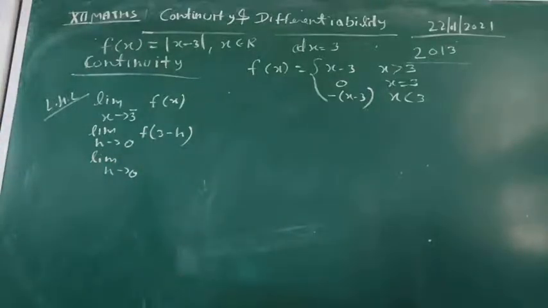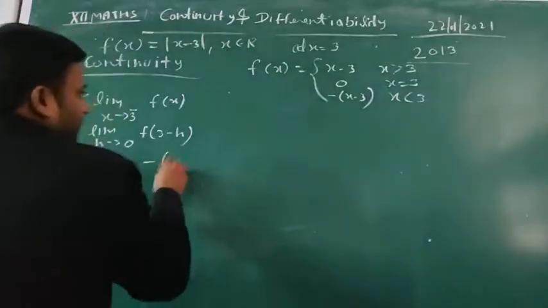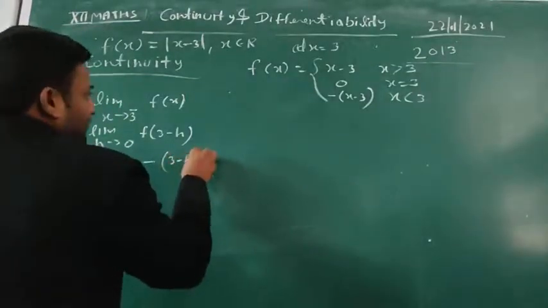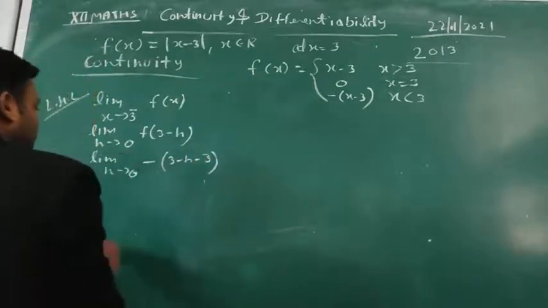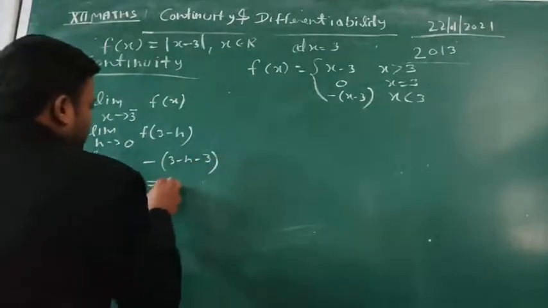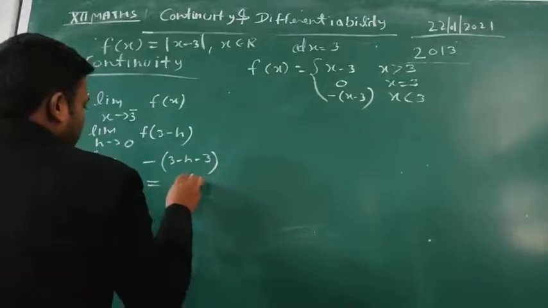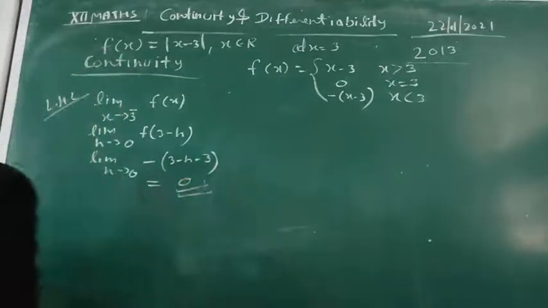Our function is minus (x minus 3), student. So we can write minus (3 minus h minus 3). Now this part is cancelled, so we are getting 0 as the value.